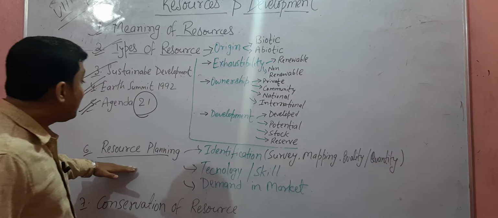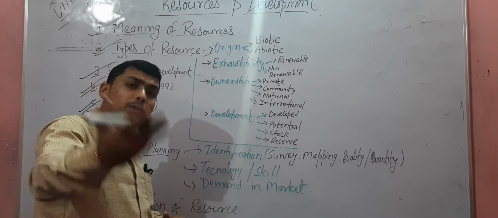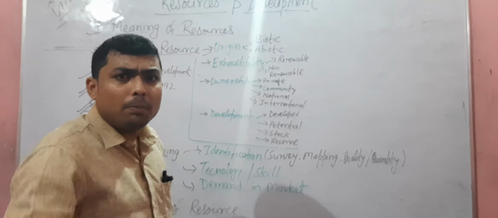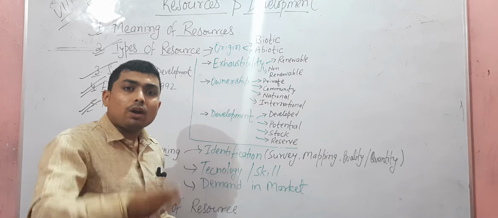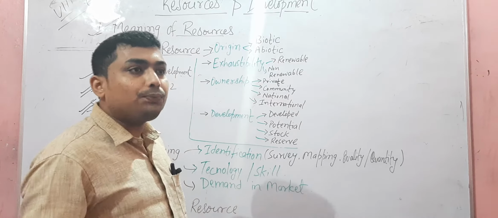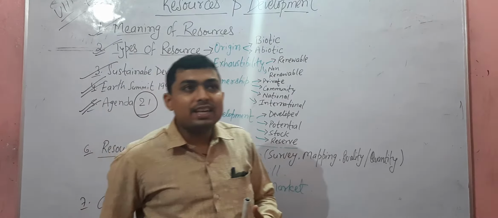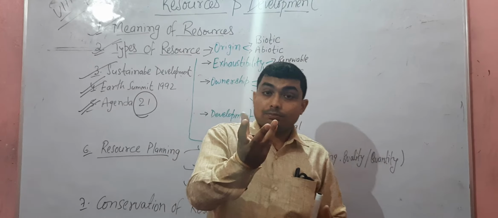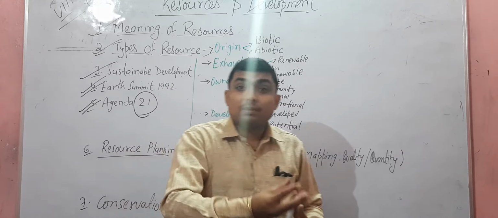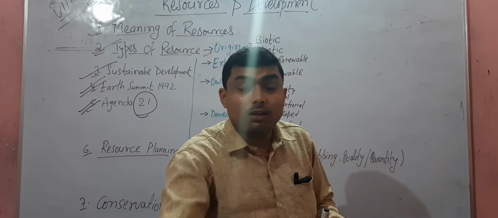Now, number 6 is resource planning. Students, as you all know, in your home, whenever your mama is going to cook any food, first of all, she has to plan. Means what? Suppose she is going to make a puri, which in some areas people also call pulki.